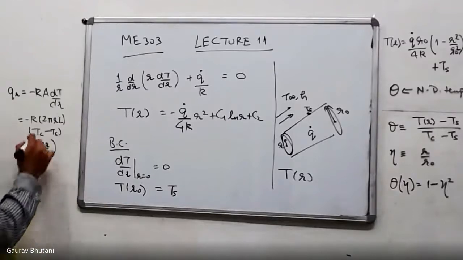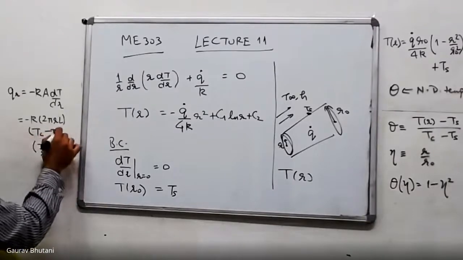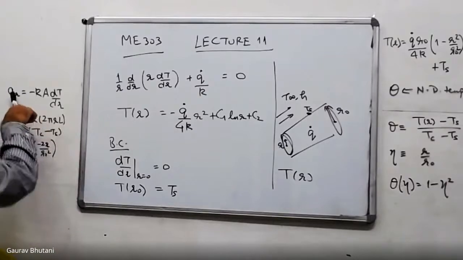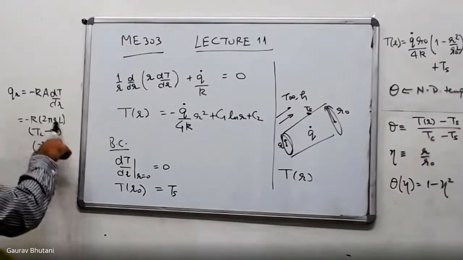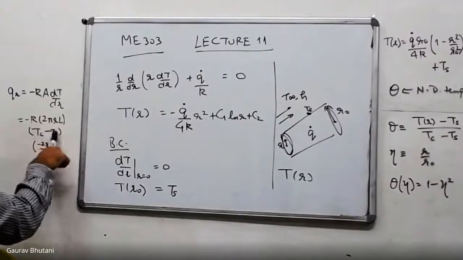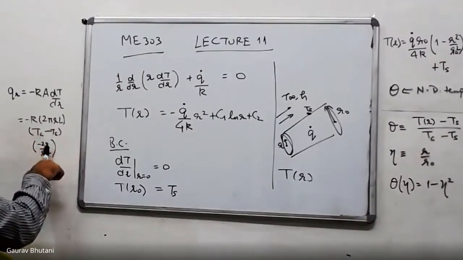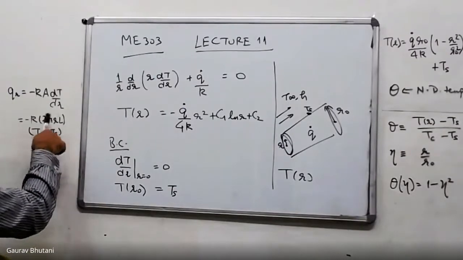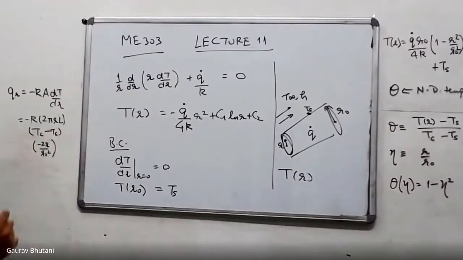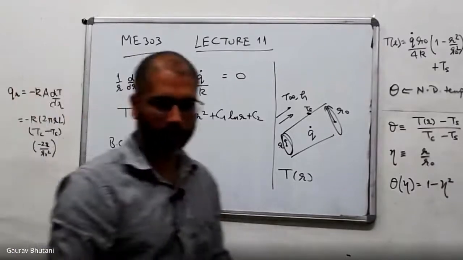So remember that we are trying to write the current as some potential difference divided by resistance. But here, if you see the resistance or thermal resistance, it is not a constant. It is a function of R.